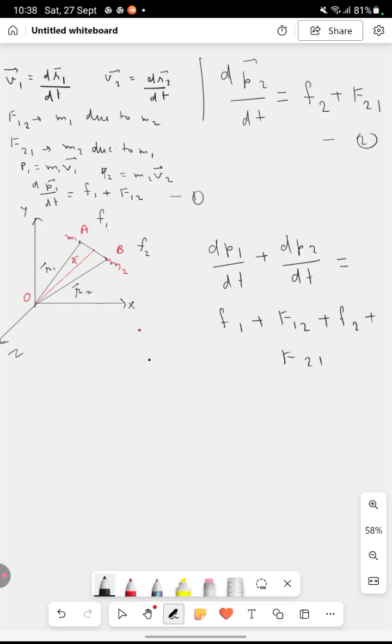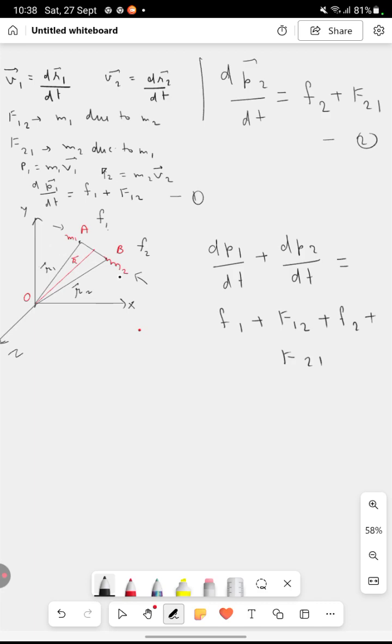Now we know the force exerted on m1 by m2 is in this direction, and the force exerted on m2 due to m1 is in this direction.